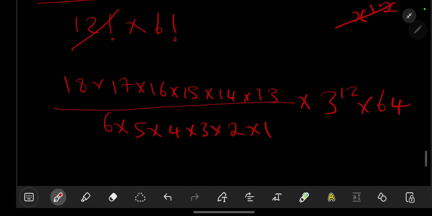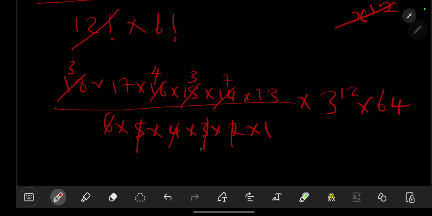So all we can do here is reduce some values. When we reduce, 5 goes, and we are remaining with 3. 4 goes, we are going to remain with 4 divided by 16, that's 4. If we remove 6, we are going to remain with 3 here. If we remove 2, it will be 7.